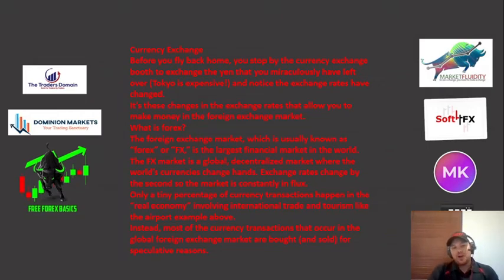Before you fly back home, you stop by the currency exchange booth to exchange the yen that you've miraculously left over, and notice the exchange rates have changed. It's these changes in the exchange rate that allow you to make money in the forex exchange market.